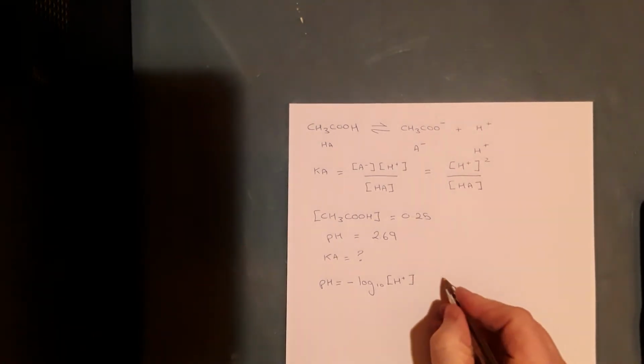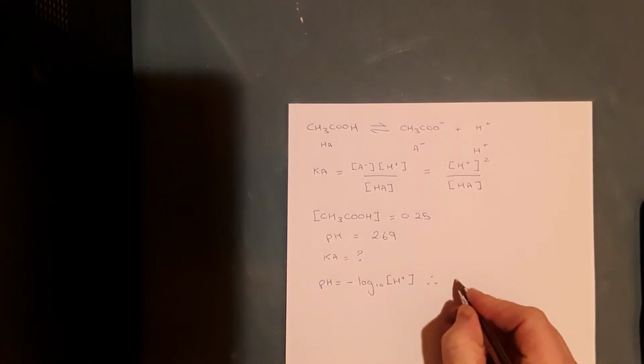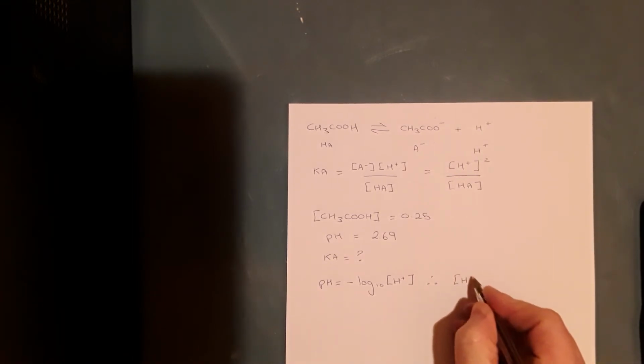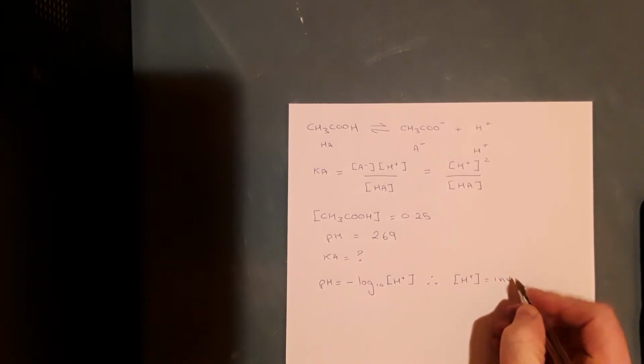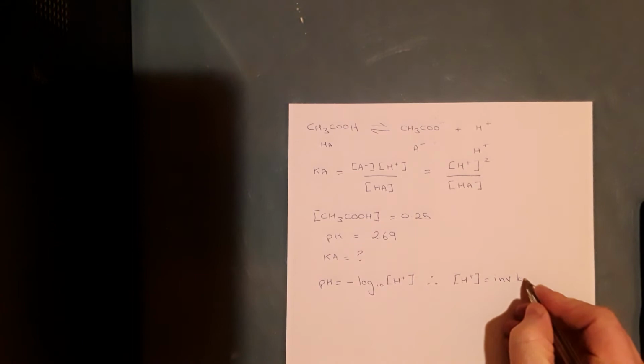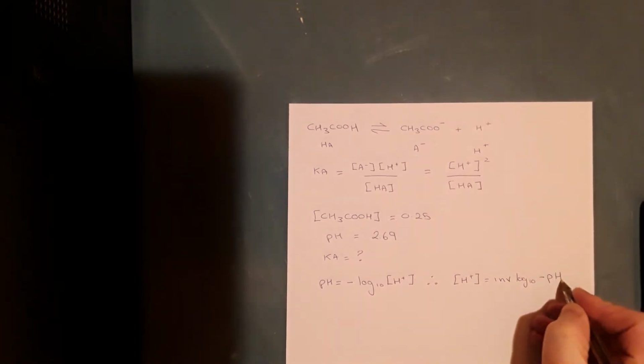So the hydrogen ion concentration is the inverse log to the base 10 of minus pH.